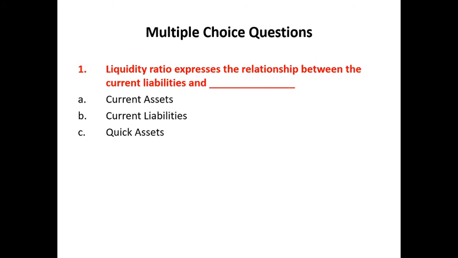The first question is, liquidity ratio expresses the relationship between the current liabilities and dash. The options are current assets, current liabilities, quick assets, quick liabilities. The correct answer is current assets.